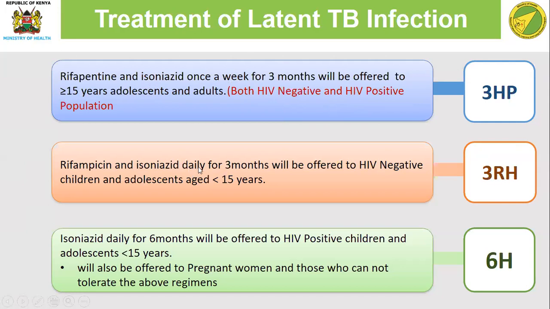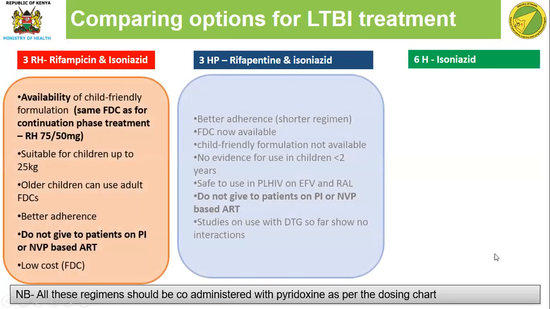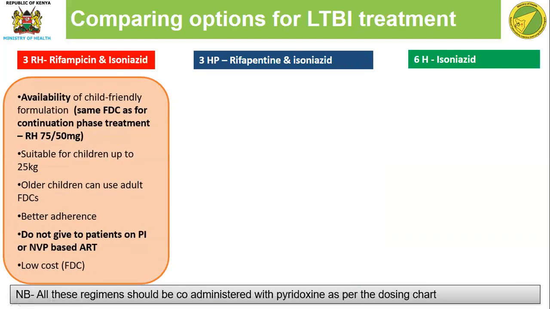This one is given daily for 3 months, specifically for the HIV negative population. Rifampicin interacts with a number of the ARVs, so we did not recommend it for children living with HIV. Anybody who cannot use any of these for whatever reason, including pregnant women, continues using 6 months of isoniazid. So let's look at each of these and see the benefits of each.